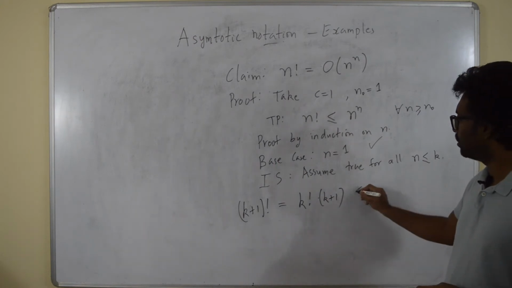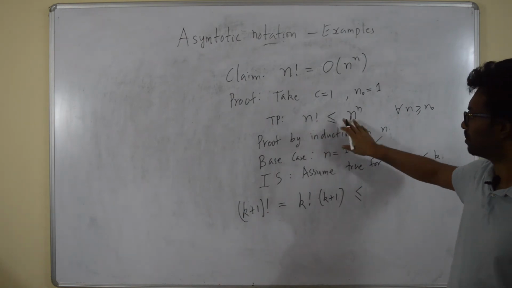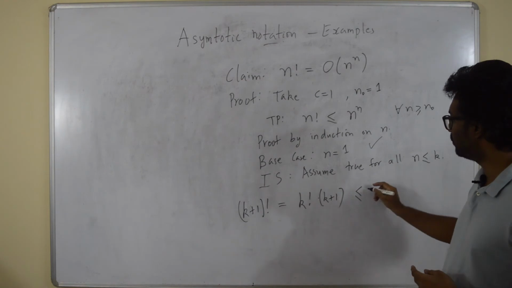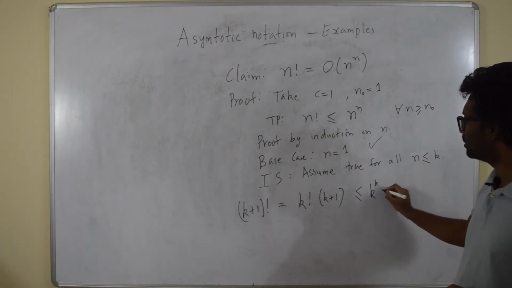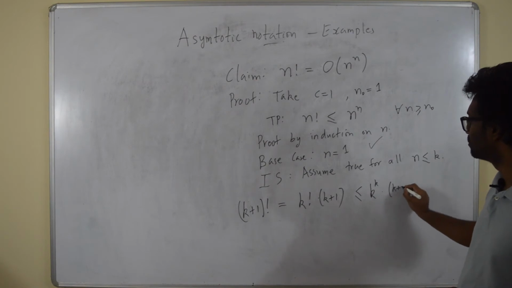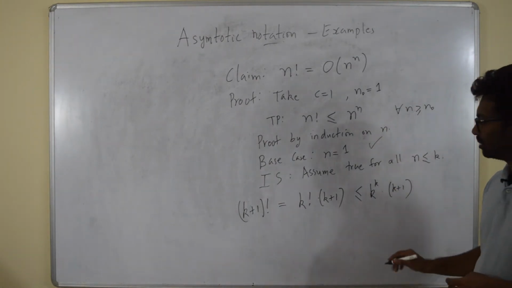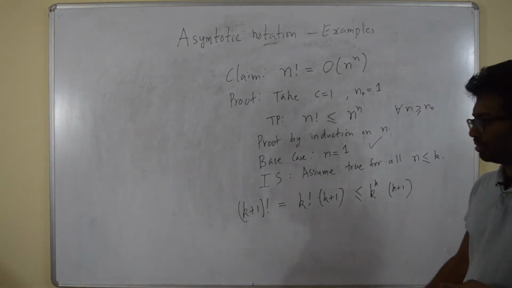Now what is k factorial? I know a relation for k factorial. I know this fact is true because from my inductive assumption, I know that k factorial is less than or equal to k raised to k, and therefore I can write this as k raised to k into k plus 1. Right. Here comes another thing, and this I can write as the following.